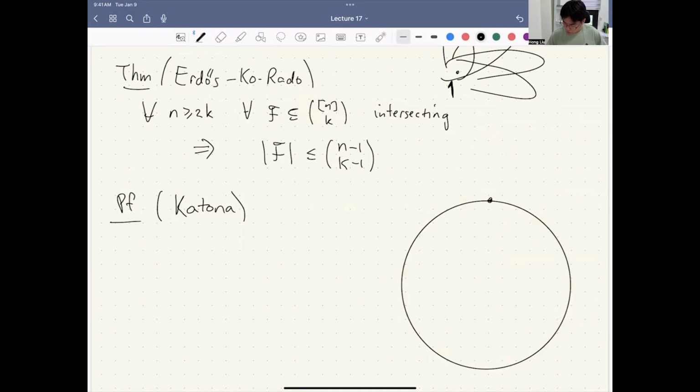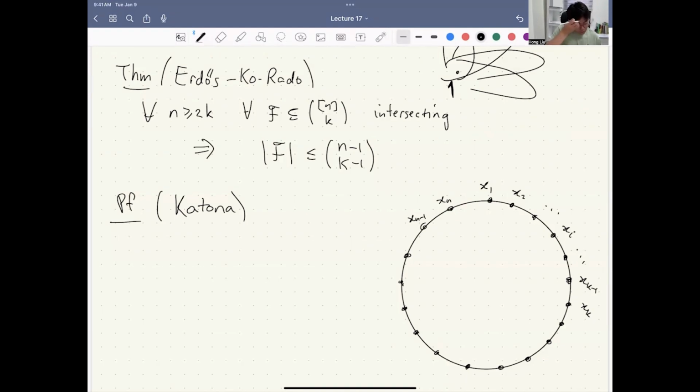So let's imagine our elements get placed on the circle. Okay, so this is x1, x2, x3, xi, xk minus 1, xk, right? And at the end, you have xn minus 1. We have n elements on the circle.